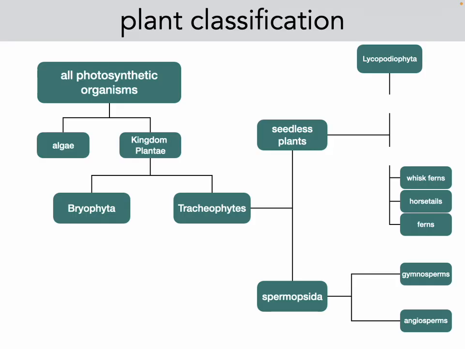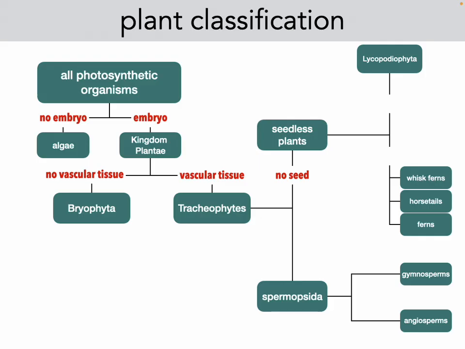So we have all photosynthetic organisms, right? If they don't have embryo, they are algae. If you have embryo, they are kingdom Plantae, and if they have no vascular tissue, then they are bryophyte. If they have vascular tissue, they are tracheophyte, and within tracheophyte, we divide them into two further groups.